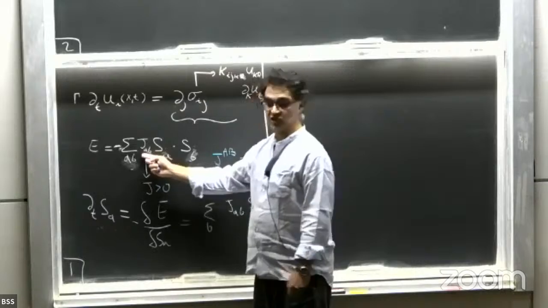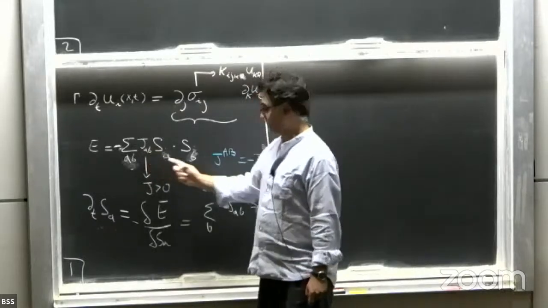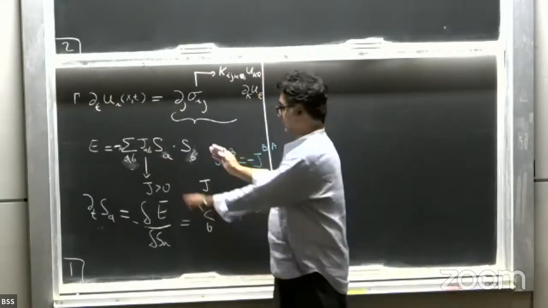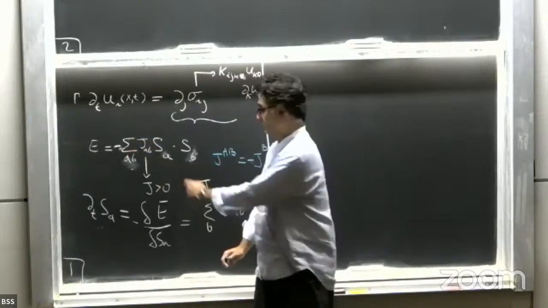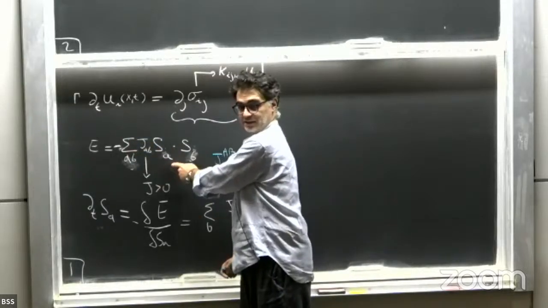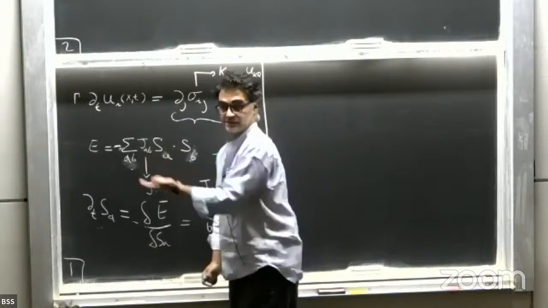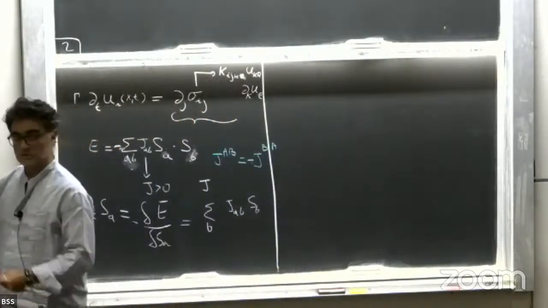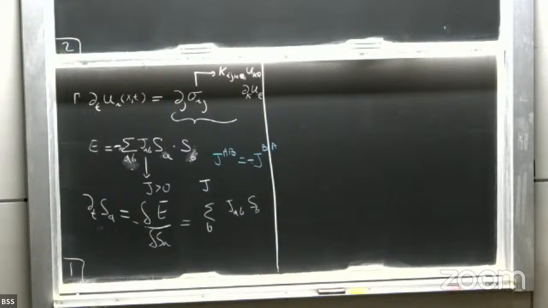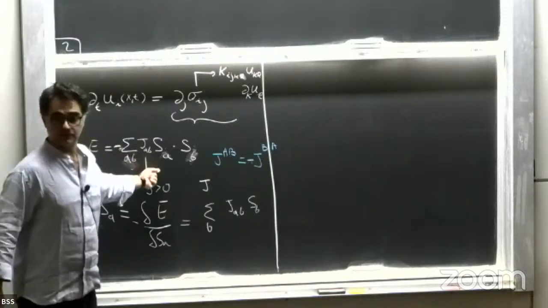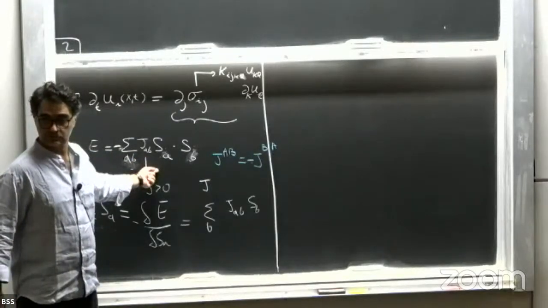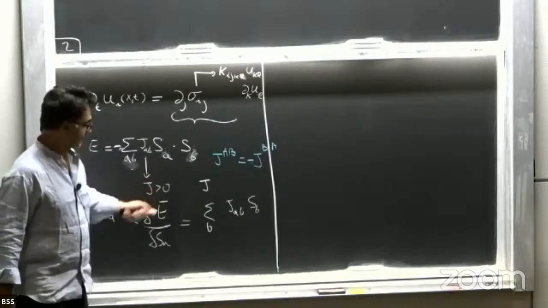Can you see that if J_ab is perfectly antisymmetric, then this thing vanishes? Because S_a dot S_b is symmetric under exchange of a and b, and this is purely antisymmetric. So an exchange interaction that is perfectly antisymmetric, or if you prefer, the odd part of any asymmetric interaction, will immediately drop out from the energy function, from this quadratic form.